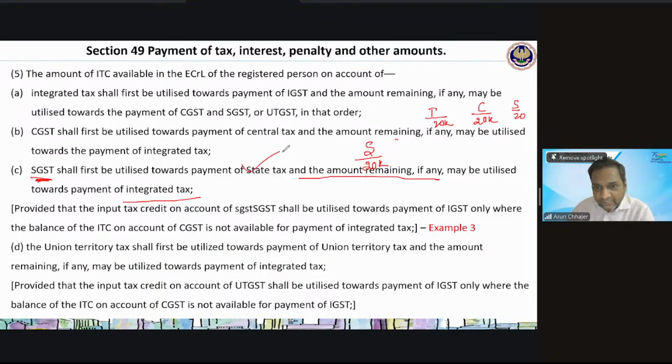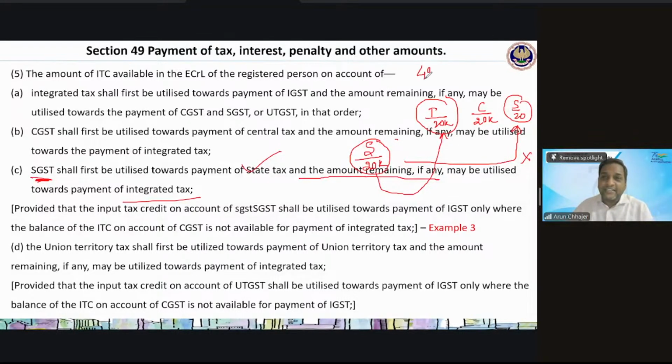As per clause C, S will be used for S and the amount remaining, if any, will go to I. Then my question is whether S can give directly the amount to I ignoring S. Is it possible or not? Just wait for some time.